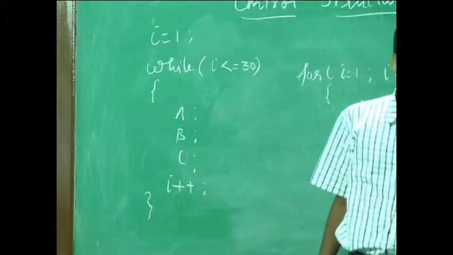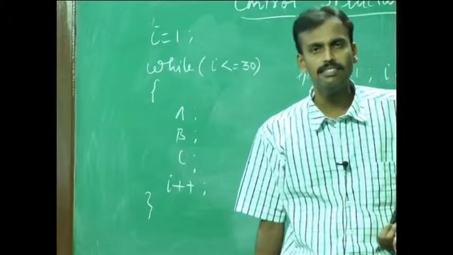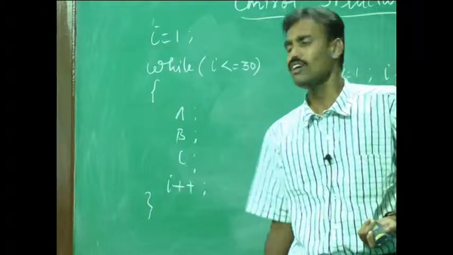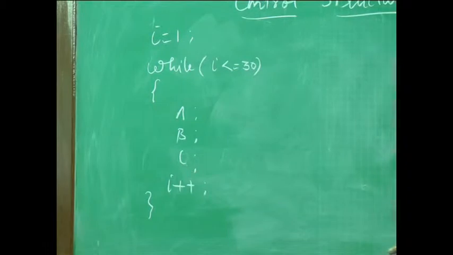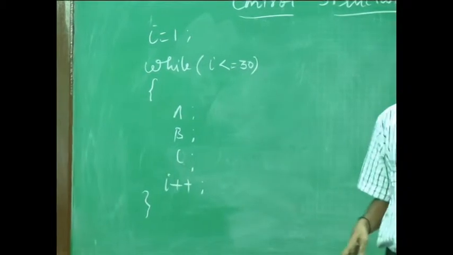There is another kind of statement that we call a do while statement. What is the difference between a while statement and a do while statement?